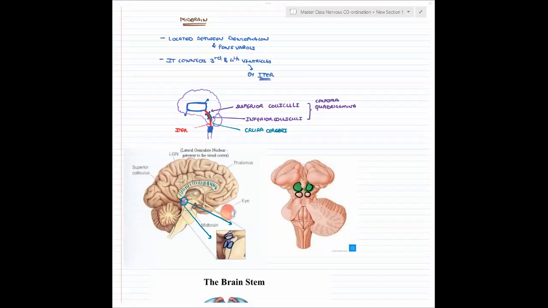Here in this thing, we haven't drawn crura cerebri. Crura cerebri is nothing but a band of fibers. So if you want, see, these are your crura cerebri. This way.